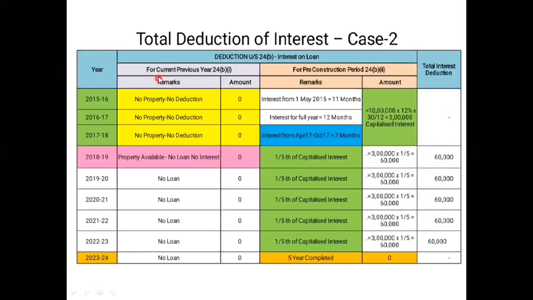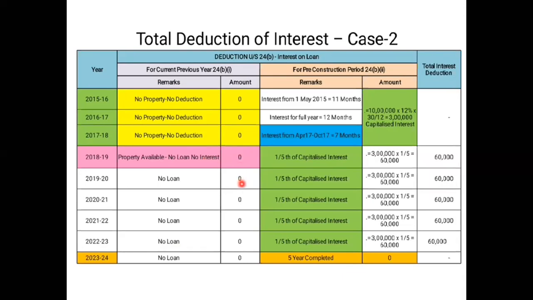However, when you look at the current previous year interest under case 2, it shows that there is no current previous year interest. This is primarily because the property loan was repaid way long back on 31st of October 2017 itself. Since the loan is already repaid, there is no loan outstanding from the assessee's perspective, right? Since there is no loan, there is no interest.